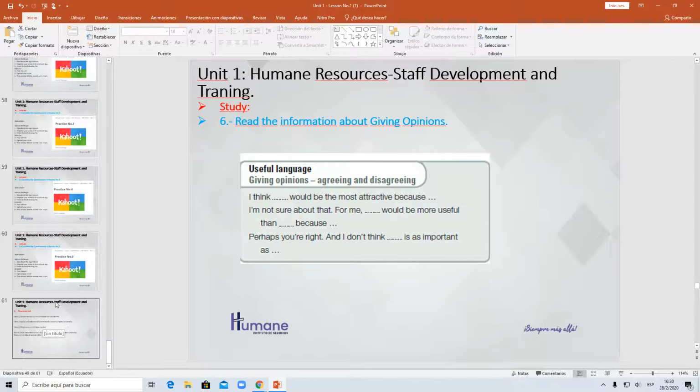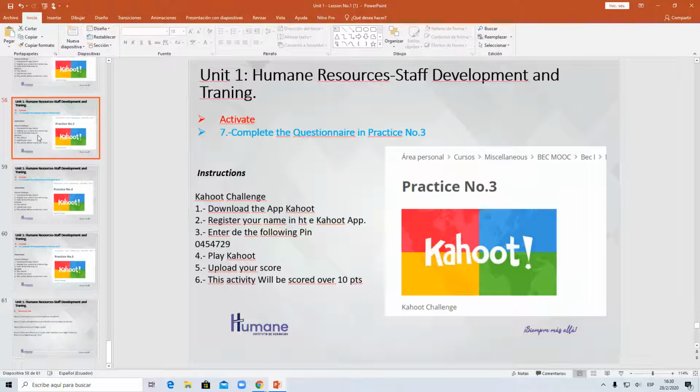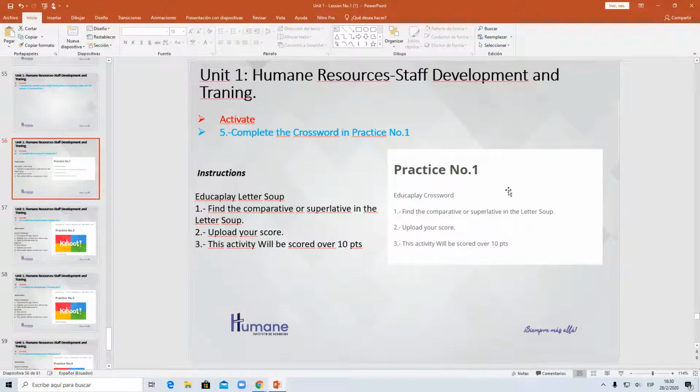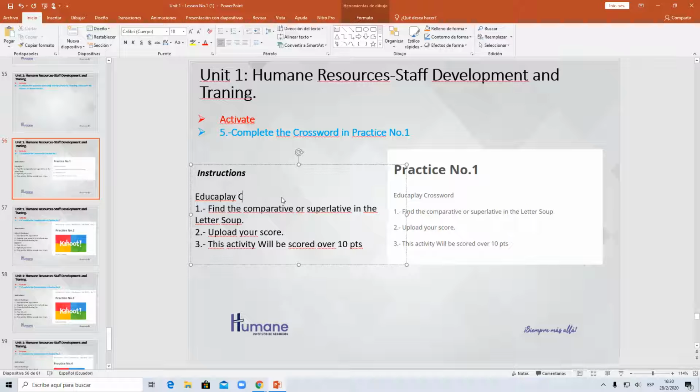Okay? So in that way you can include extra information. Then you have some practices here. You have practice number 1, a crossword game. Sorry, it's not a letter soup, it's a crossword. So in the crossword, you can play and practice the words that we see in the course. Remember, when you finish the crossword, take a picture and upload your score in Moodle. Then you have Kahoots.